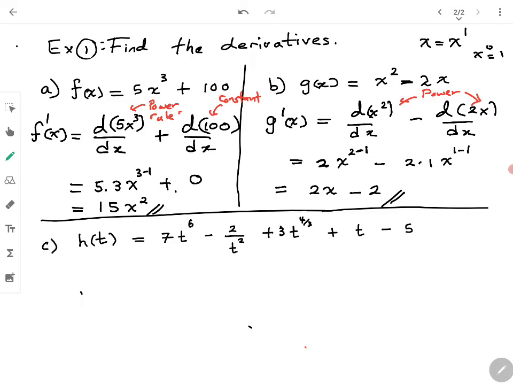Then this third example is a mix of both rules. So you have 5 terms and both the summation sign and the subtraction are here. So this is a mix of the two rules. And again, you just do term by term.